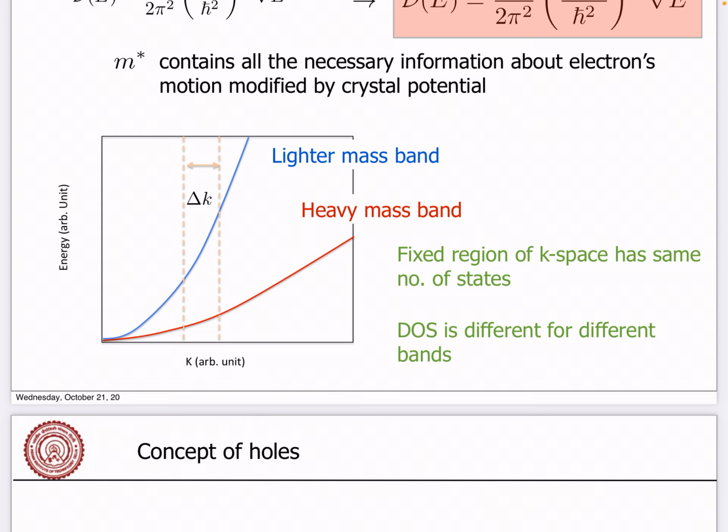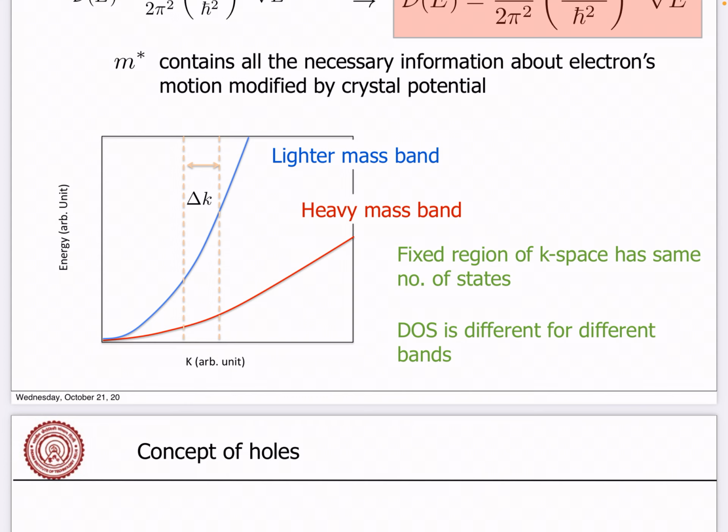Is it clear to all of you? So what I'm saying is that the density of states, in short DOS, is different for different bands. That depends on the curvature of the band. Hopefully it is clear to all of you.